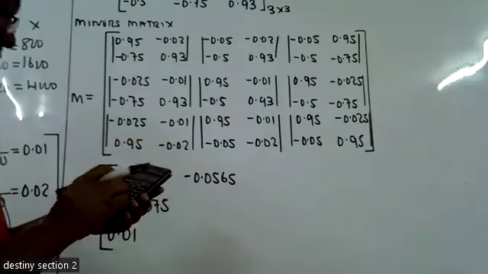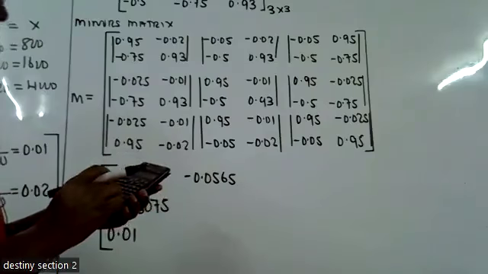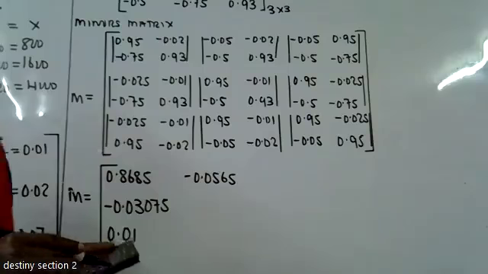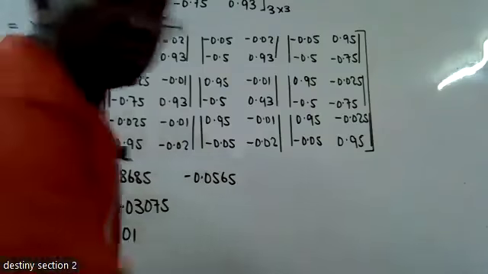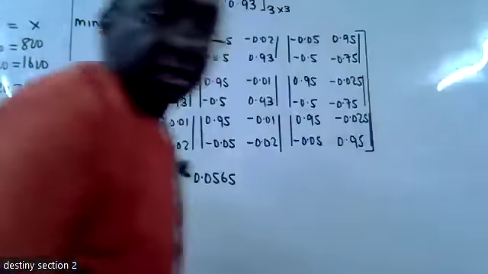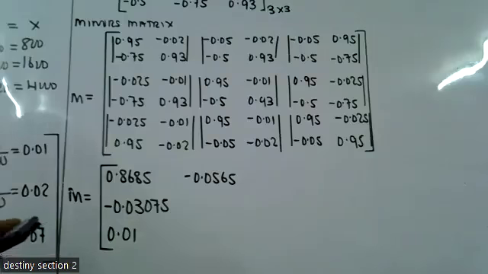0.95 times 0.93 minus 0.5 times minus 0.01 equals. Send me the answer. Kubaliana, I just write it. If we disagree, we wait for someone else. And I need the figures to come from the others.